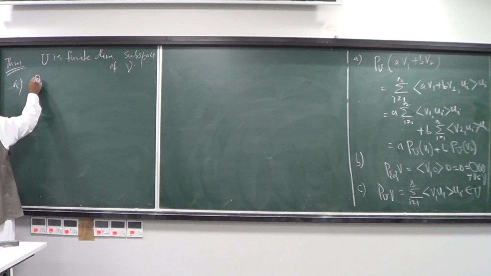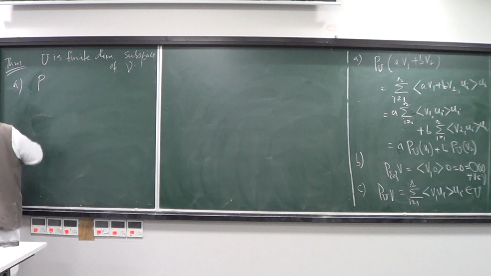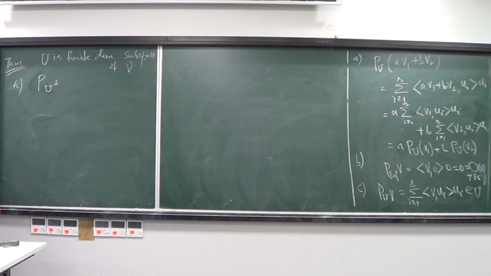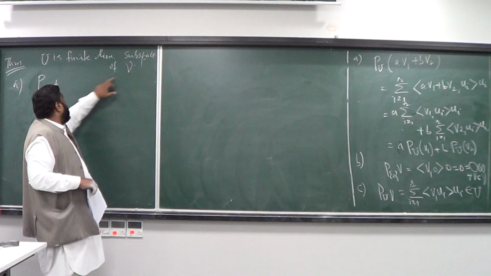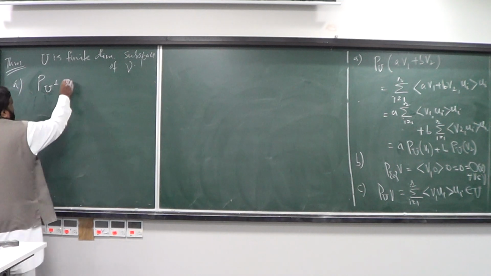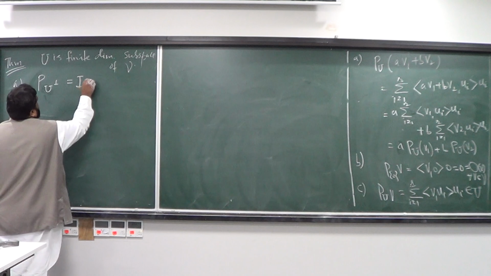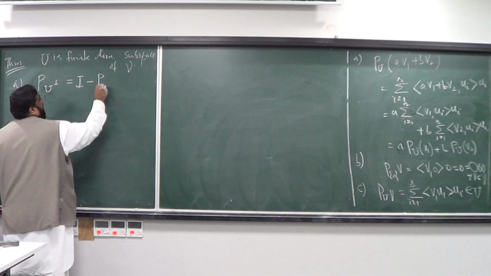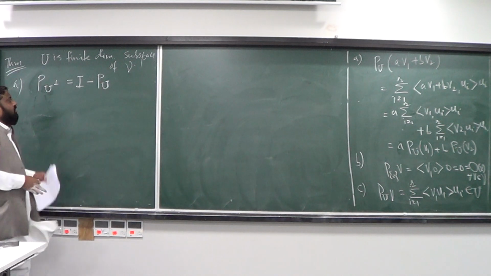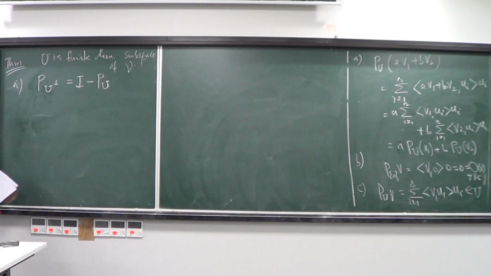The projection operator of the perp space, in other words, the orthogonal projection of the space V onto U perp, is nothing but I minus the orthogonal projection onto the space U. So if you know this, you can easily calculate P U perp.